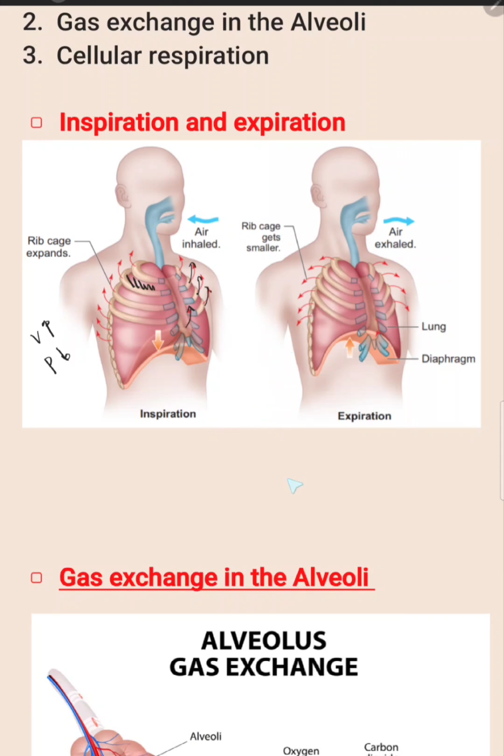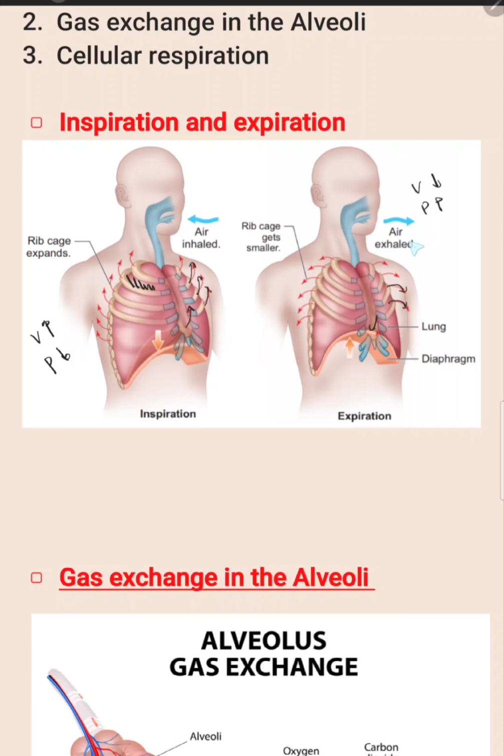The reverse process occurs when we are doing expiration. In the reverse process, the sternum moves into its initial position and the ribs also move into their initial position. All the muscles get relaxed. As a result of the diaphragm muscle relaxing, its curvature increases, and as a result of all these processes, the volume is reduced and the pressure is increased.